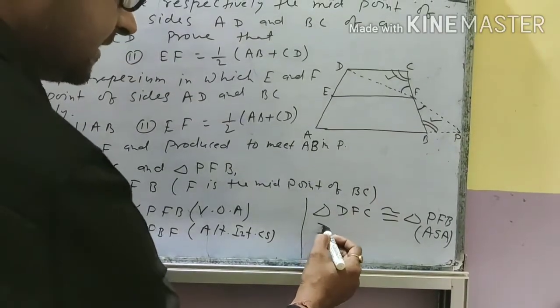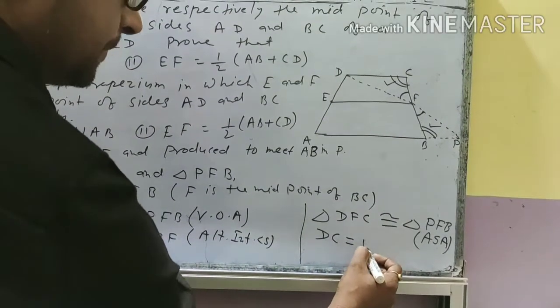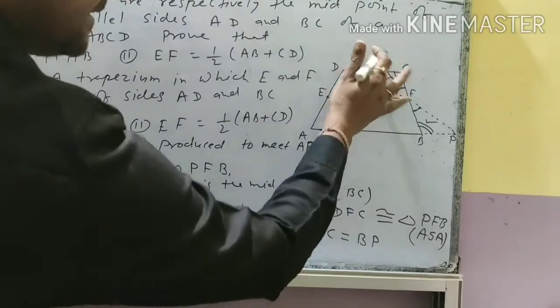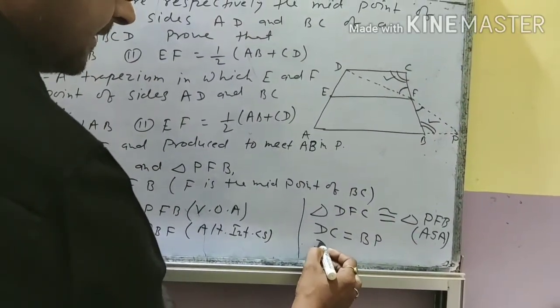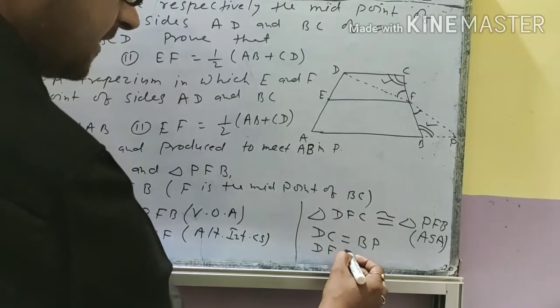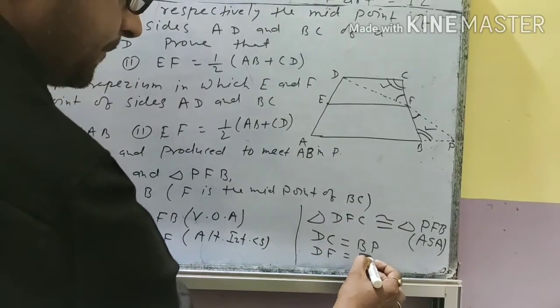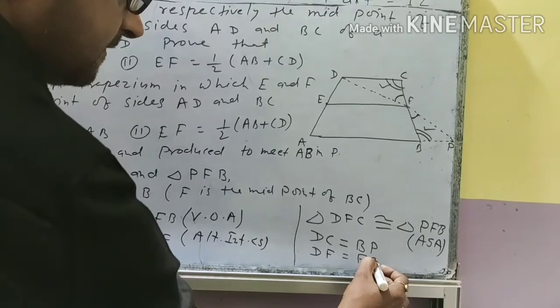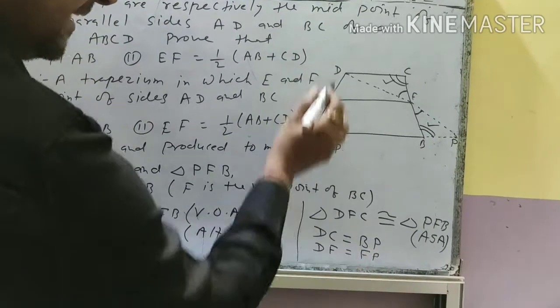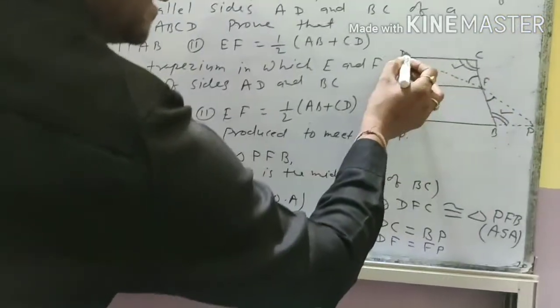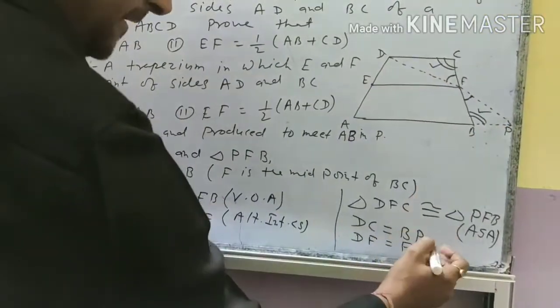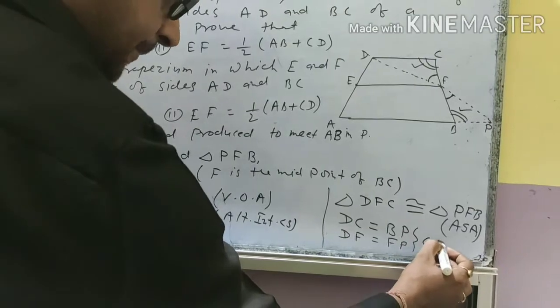By CPCT, DC is equal to BP and DF is equal to FP.